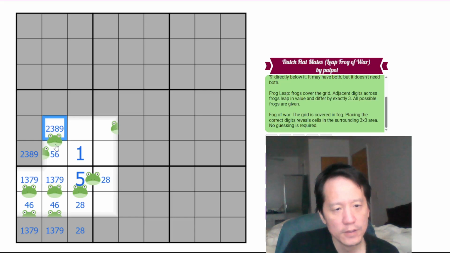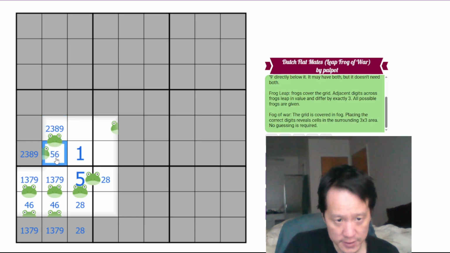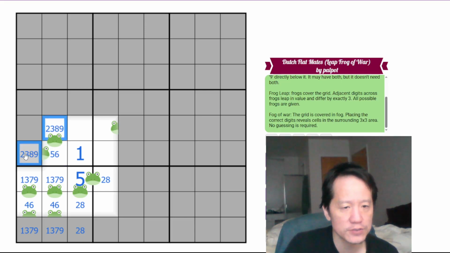So if this is not 6, this has to be a 5, which would mean this is 2 and 8 and 2 and 8, and then 9 would have to be directly below it, which would force this to be 6 and this to be 3. That's interesting. Otherwise, this is 6, and therefore this must be 3 and 9.